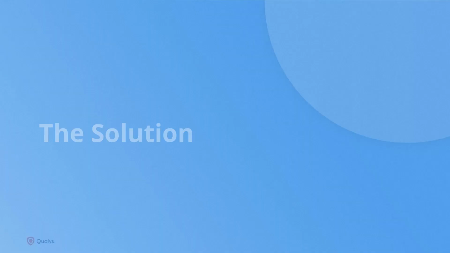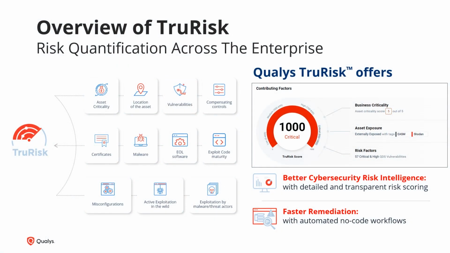Qualys TruRisk helps you to focus on such critical vulnerabilities first by providing you the visibility, and also helps you to prioritize and remediate those critical vulnerabilities faster. Qualys TruRisk takes into account multiple factors like the asset context, the asset exposures, and the risk factors.